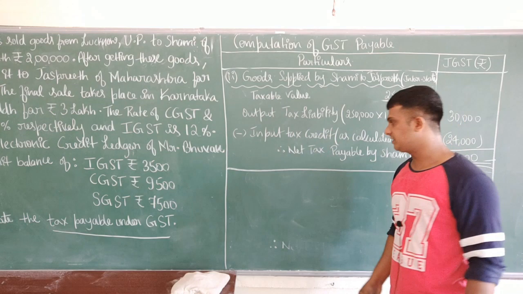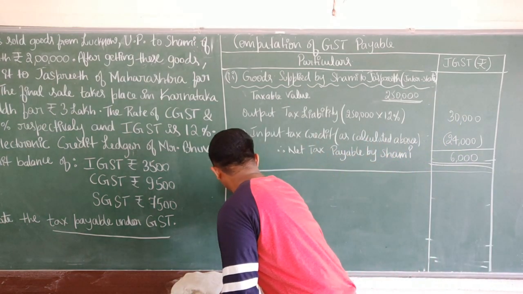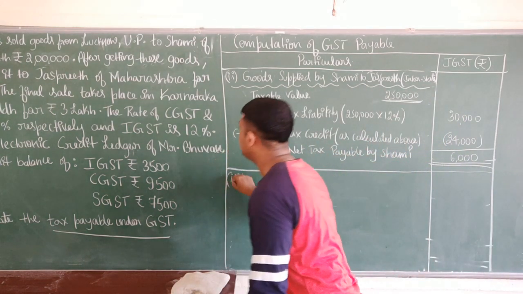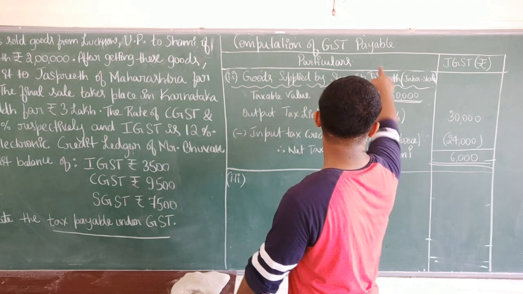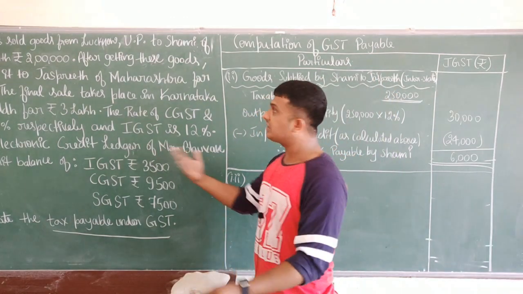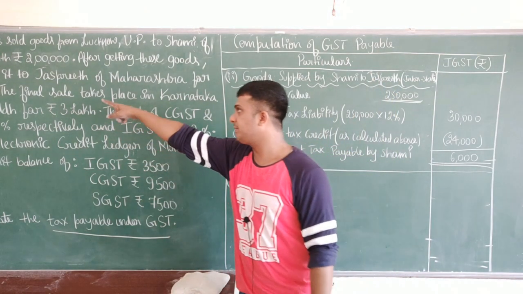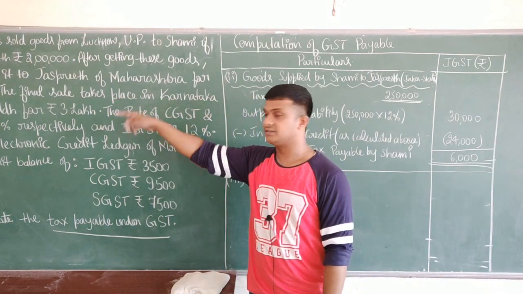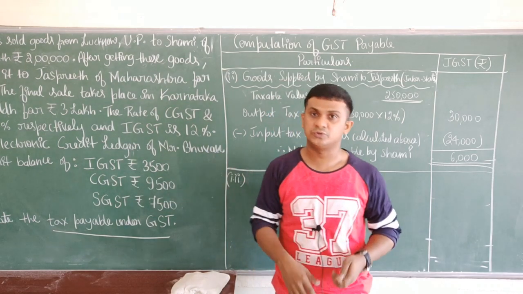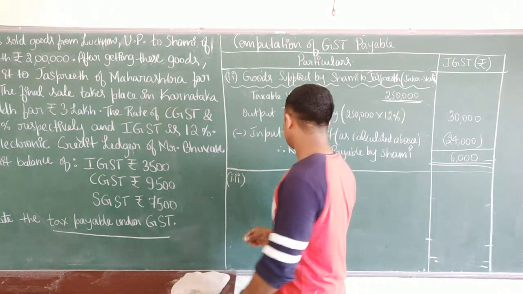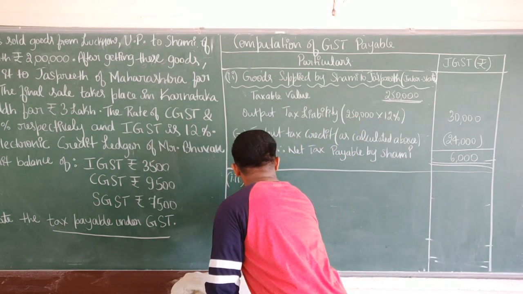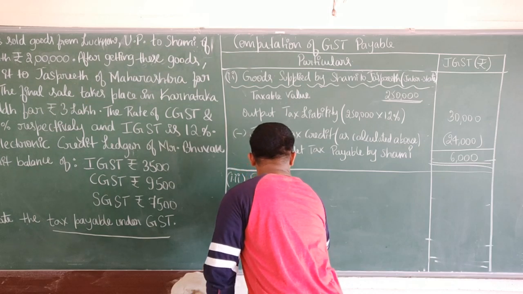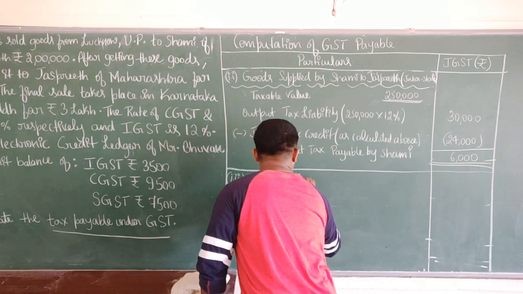We will look into our final, third set of transactions, which is happening with the next party, our Jaspreet. Jaspreet makes the final sale in Karnataka to Mr. Prasid. So Jaspreet is selling the goods to Prasid, okay? So goods supplied by whom?